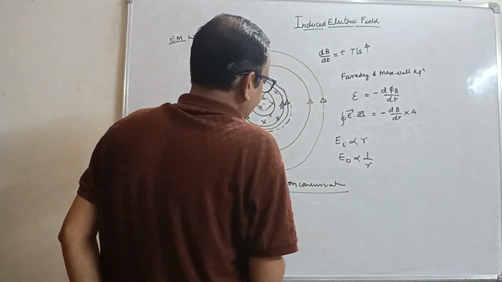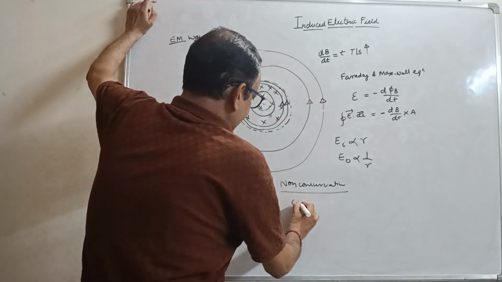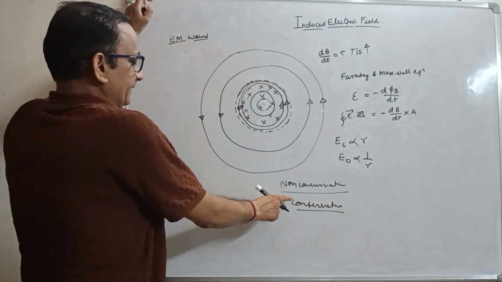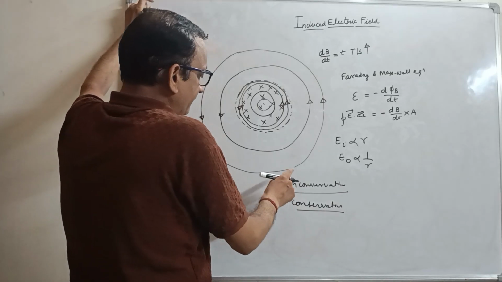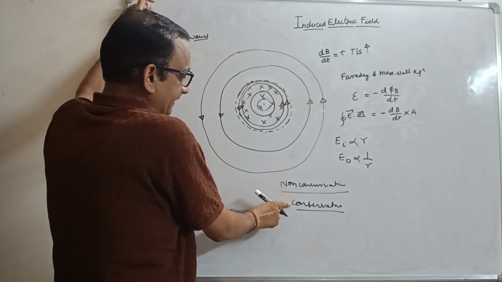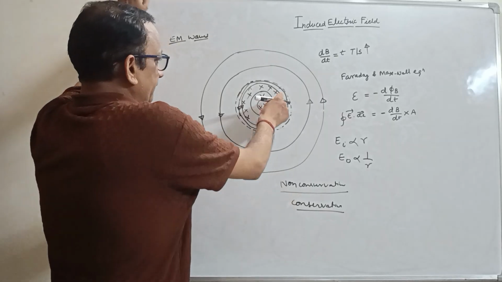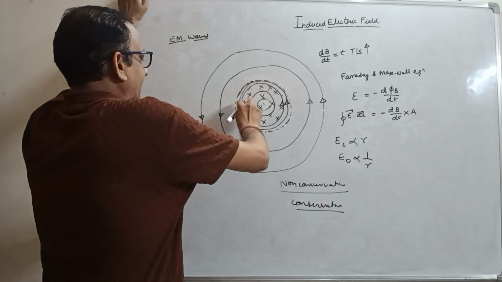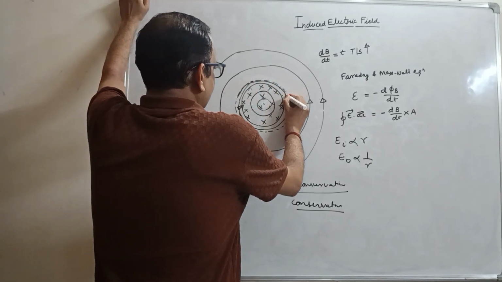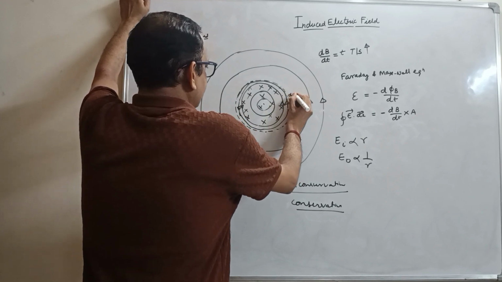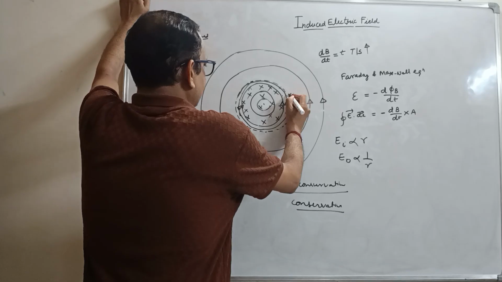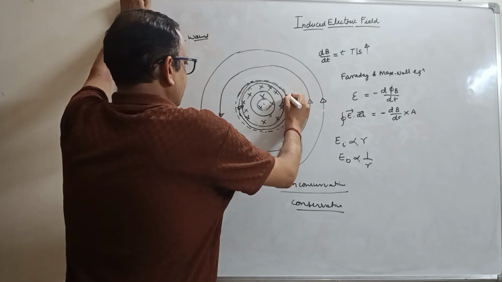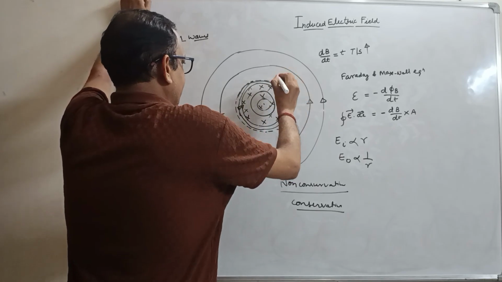So the terms non-conservative and conservative. The static field is conservative, induced field is non-conservative. When we place a non-conducting charged ring having some charge, suppose dq charge, the direction of induced field would be this.